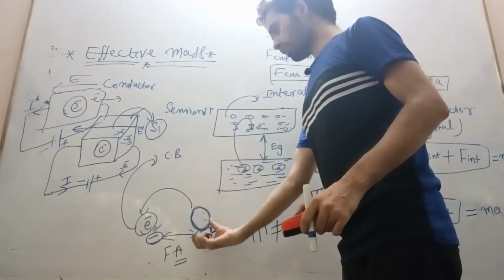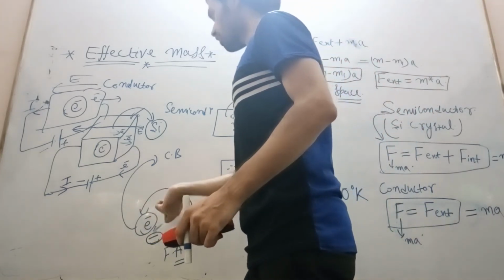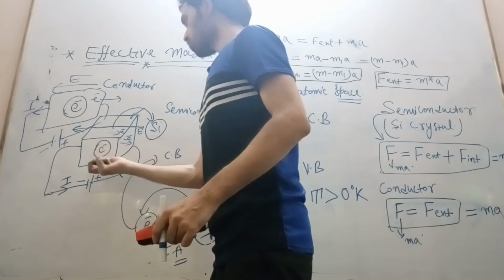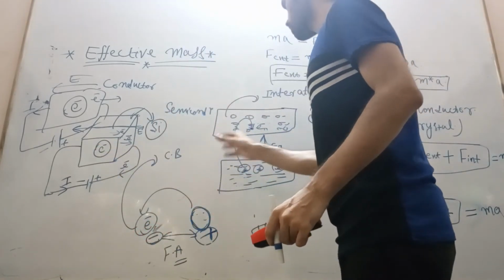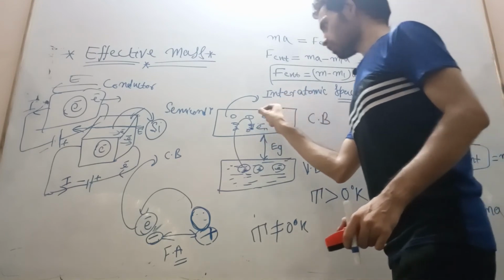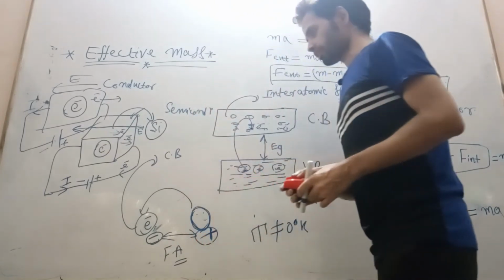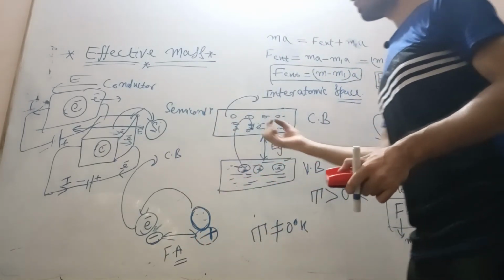This force affects the motion of the electron in the conduction band, in the interatomic space, inside the crystal. So this is the effective mass.